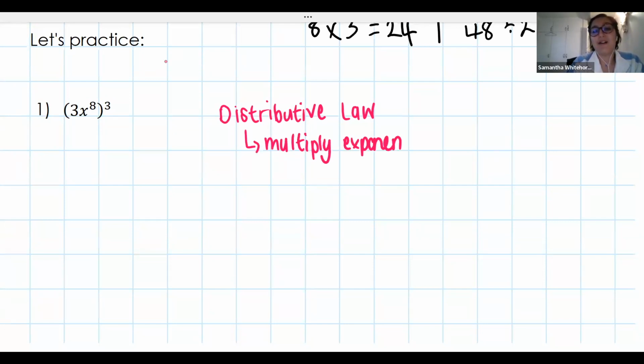We never, ever multiply exponent with coefficient. Because we are distributing an exponent, you only ever multiply the exponents. So we are not going to multiply this 3 by the coefficient. That is not multiplying exponent with exponent.